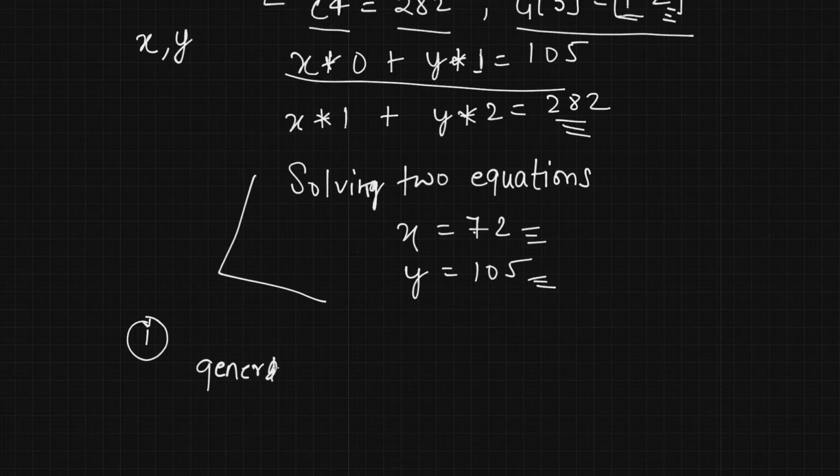Now, how will you choose your generator matrix? First, the first k rows.